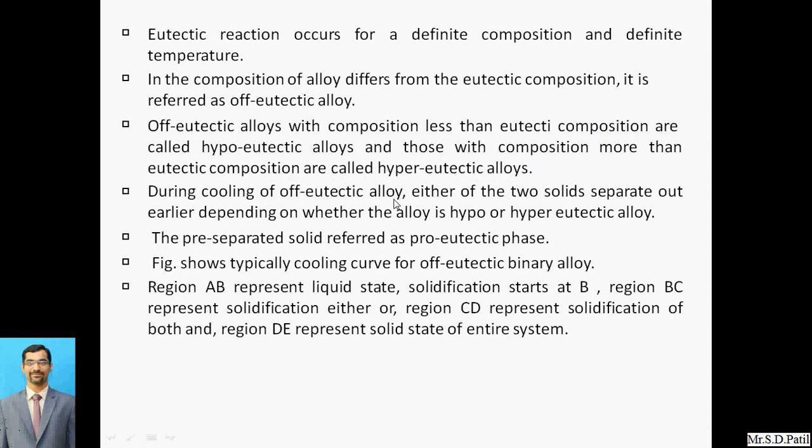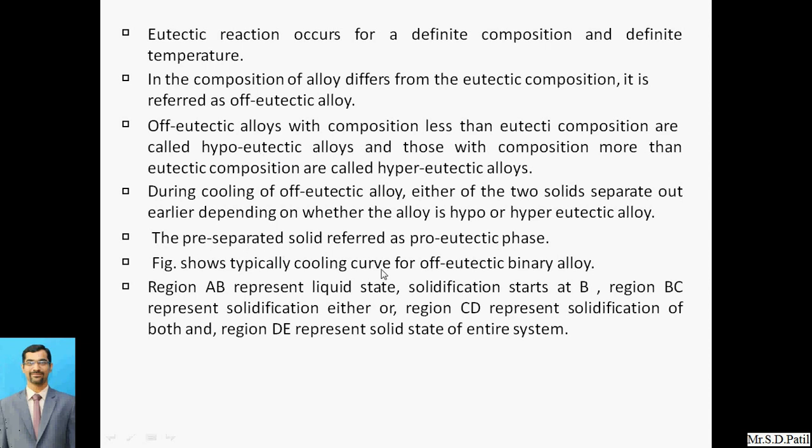During the cooling of an off-eutectic alloy, either of two solids separates out earlier depending on whether the alloy is hypo or hypereutectic. The pre-separated solid is referred to as the pro-eutectic phase.